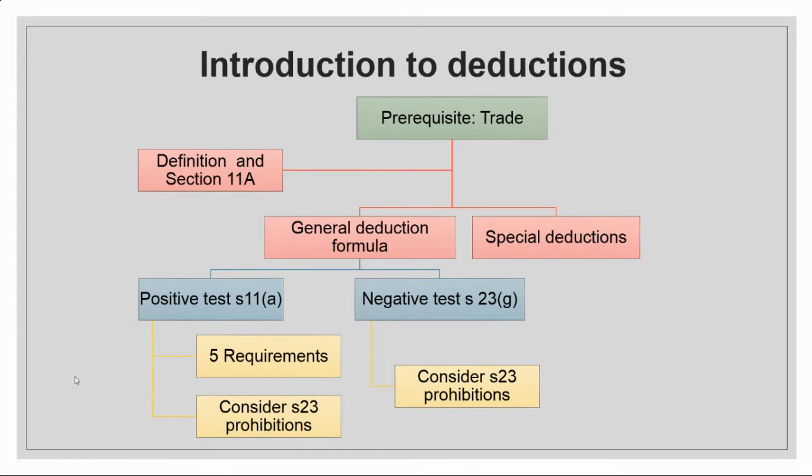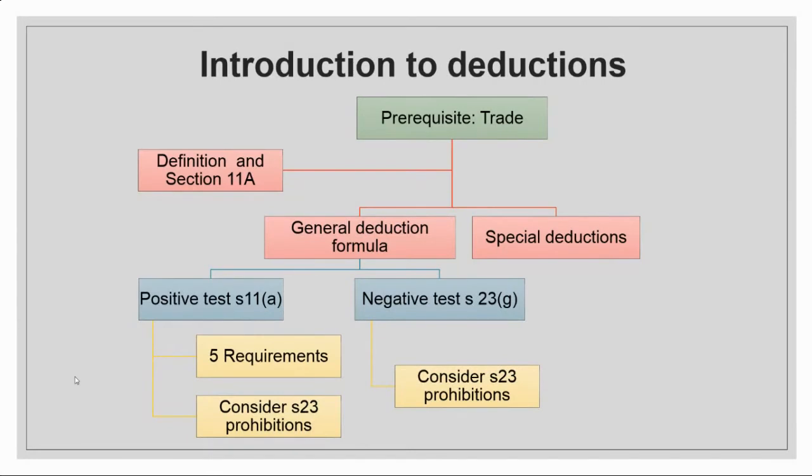Now, Section 23 is items that are specifically prohibited. So something might meet the definition in terms of Section 11A, but then SARS actually made a list of specific things that are prohibited to be deducted. So for a test, what they will do is they will ask you if something is allowed to be deducted in terms of the general deduction formula.